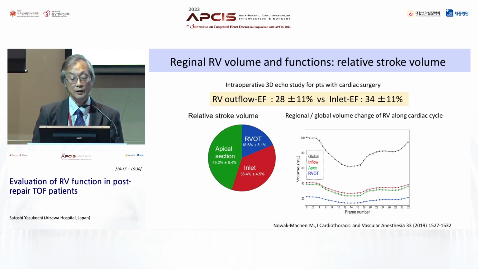The relative stroke volume originated from the apical and inlet sections, almost 80%. So RV outflow contraction contributed 20% of the total RV stroke volume. The RV outflow ejection fraction was 20 to 28% versus the inlet ejection fraction of 34 plus or minus 11%.